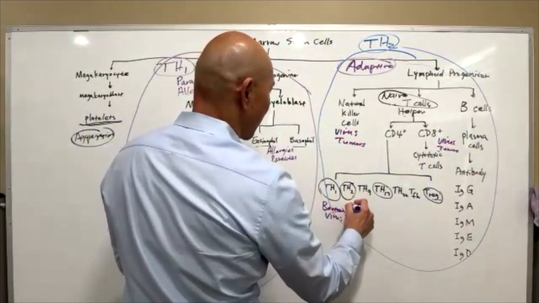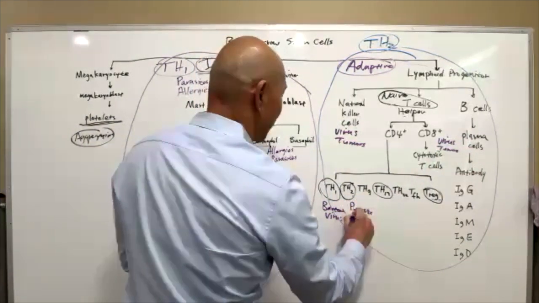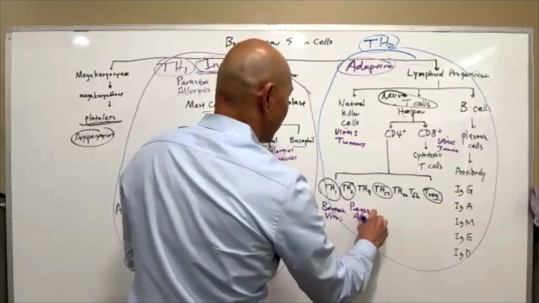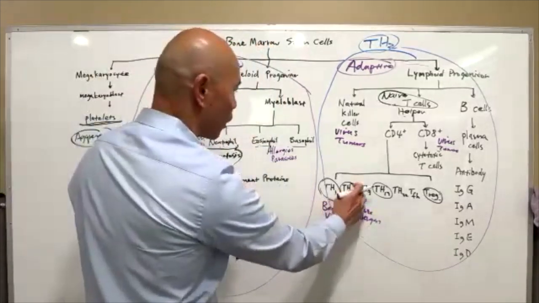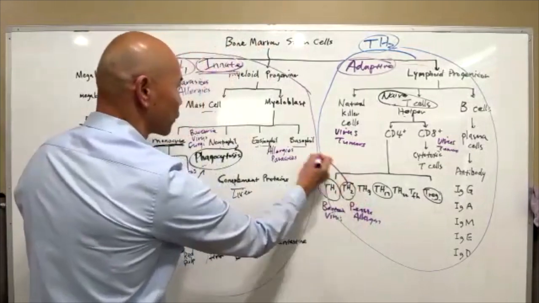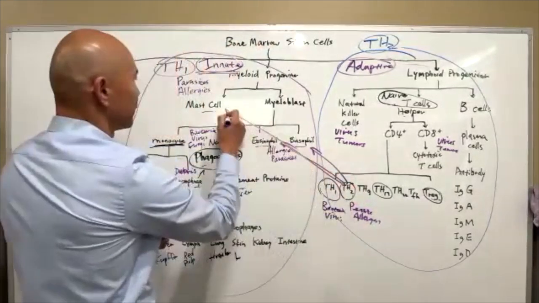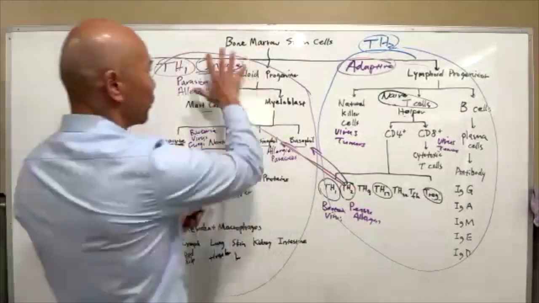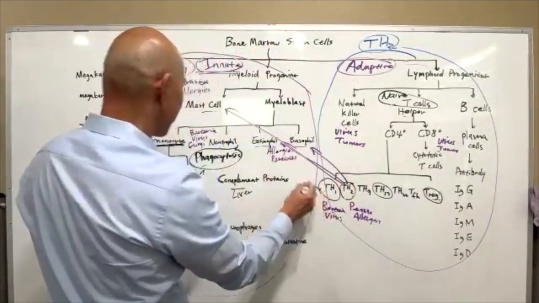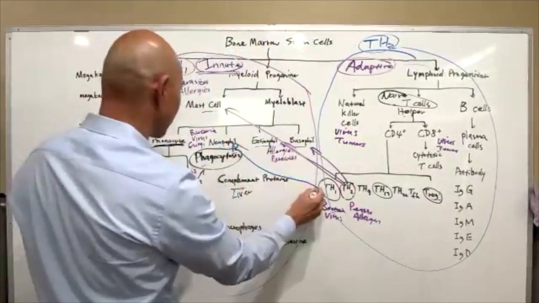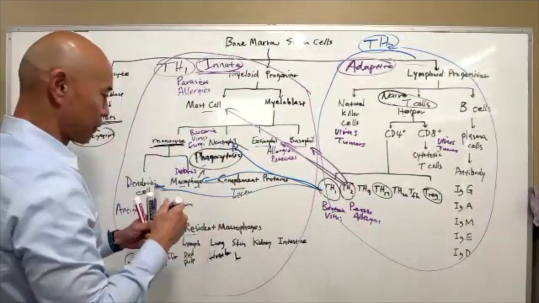T helper 2 response is going to be primarily parasites and allergens, right? Anything that's too big to be phagocytized will be handled by the T helper 2 immune cells, and they're going to talk to these guys. There's communication happening between the innate and adaptive response, and then the T helper 1, they're going to talk to the neutrophils, macrophages, dendritic cells, and so forth.